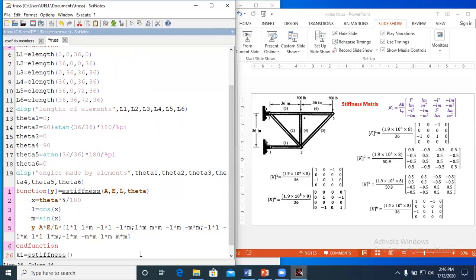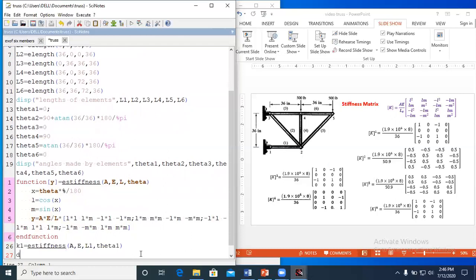In arguments you have A comma E. Here you transfer the value of length of first element and angle made by first element. After that I will display K1 and execute the program. I will check it.